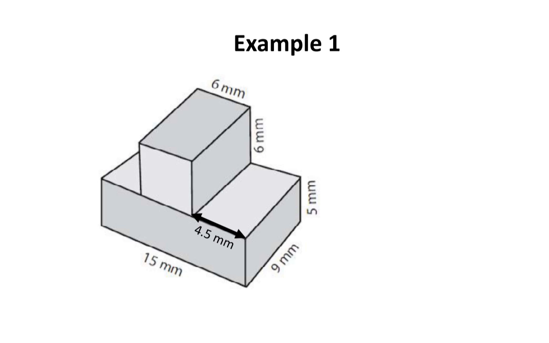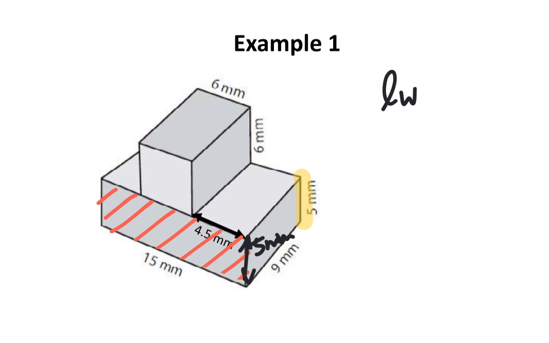I'm going to start with the face on the front. This face is a rectangle. We know the length of one side, but we don't know the length of the other side. But since this is 5 millimeters, that would mean this would be 5 millimeters as well. The formula for area of a rectangle is length times width.